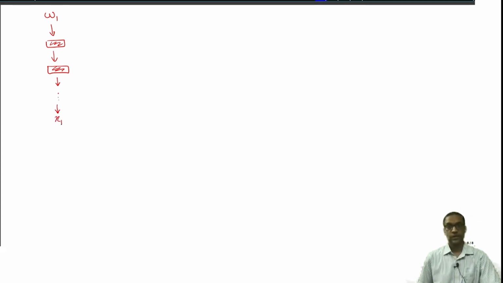Okay, this is what it means to say w1 and x1 are equivalent to each other. Similarly I have w2 and x2. So I can start at w2, I can follow my rules successively till I reach x2. Okay, so that's what the definition says.